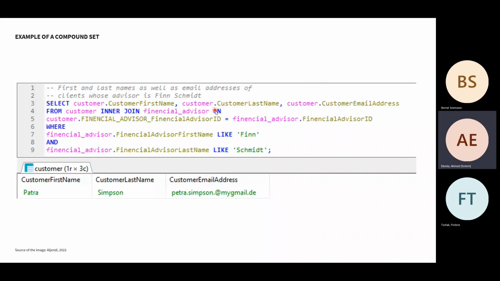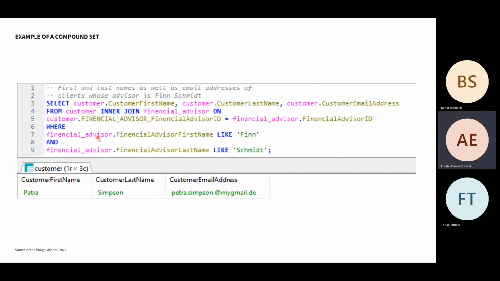usually here after ON. Here, ON, this is the same one from last time. ON financial advisor and financial advisor ID. Look, I'm adding now more conditions.